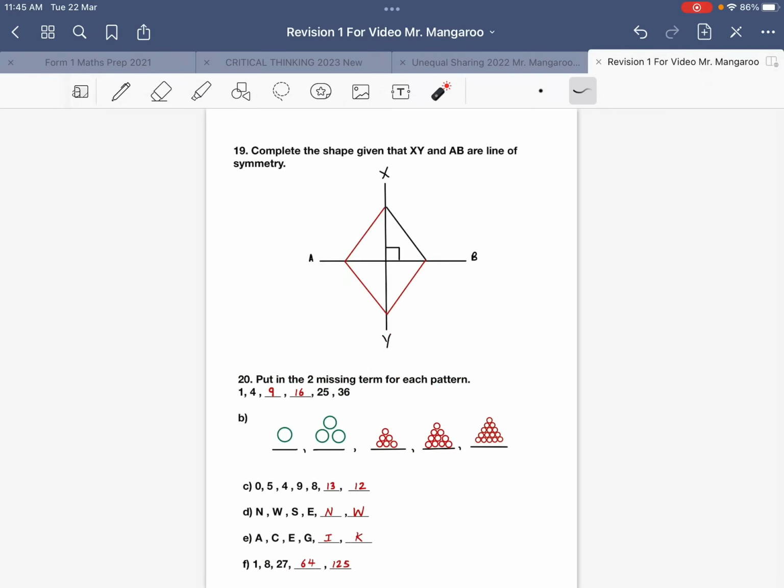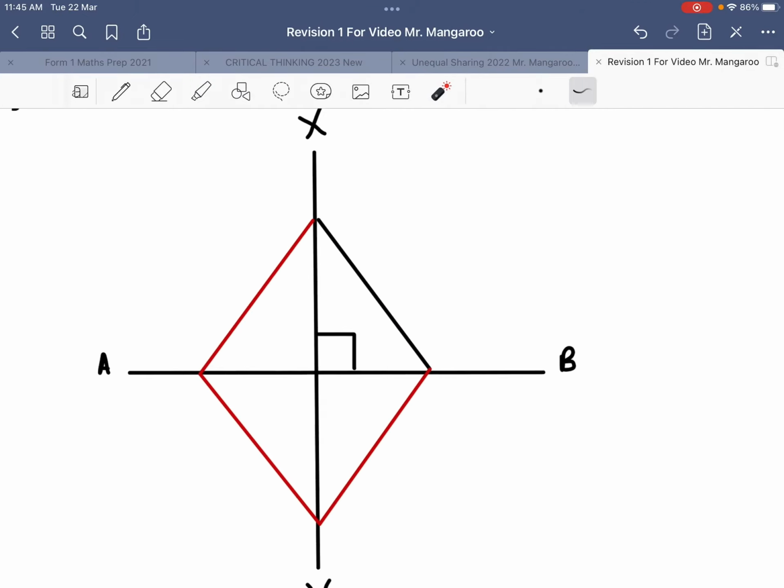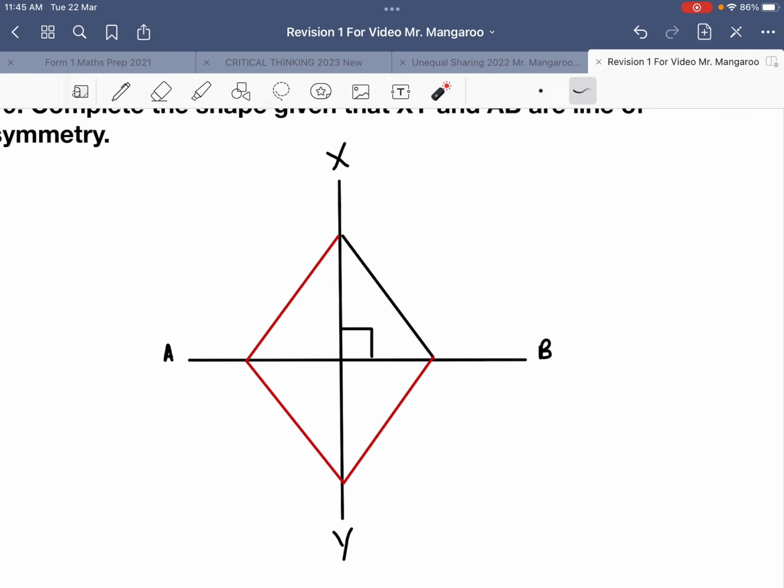Complete a shape given that x, y, and AB are lines of symmetry. So if we use x, y as a line of symmetry, then this would reflect here, and this would reflect here. So this is actually missing something, so let's fill it in.